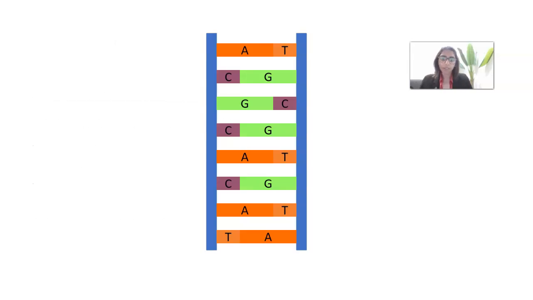Okay, so now that we've covered transcription, I'm just going to go through a really basic animation to summarize that with you again. So here we've got a diagram or a little cartoon showing DNA. We know that it's DNA because it's double-stranded, and we have thymine instead of uracil.